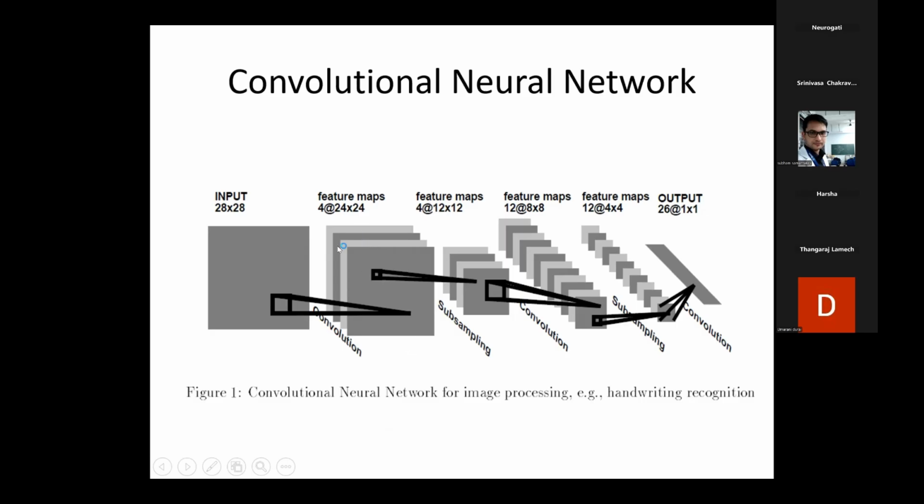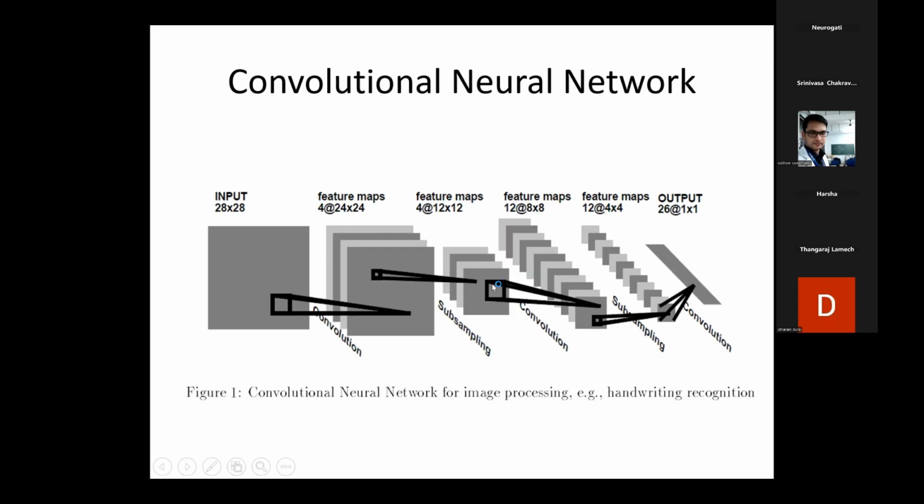In this case, for example, it was trained on the famous MNIST dataset, which was created at the time. So the input is 28 by 28 images. Then in the first hidden layer, you have 4 arrays, each of size 24 by 24.